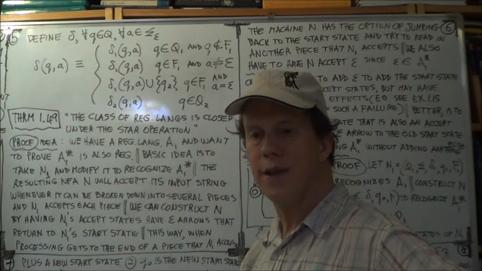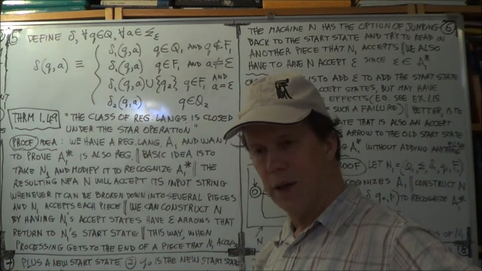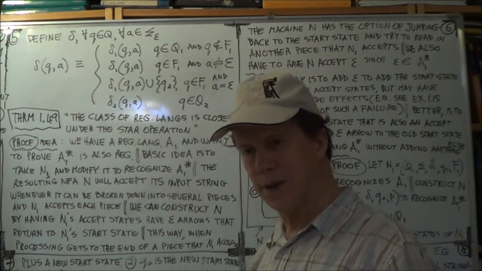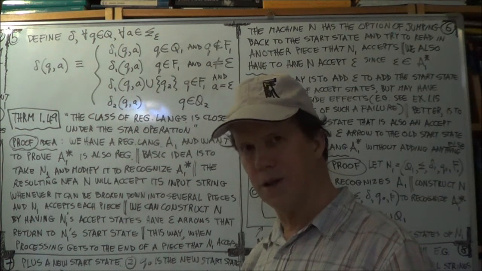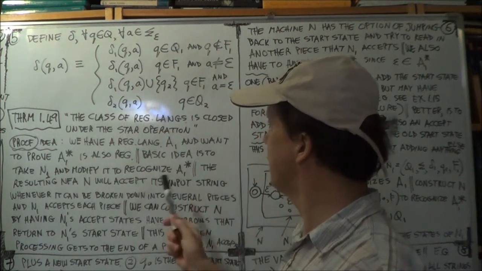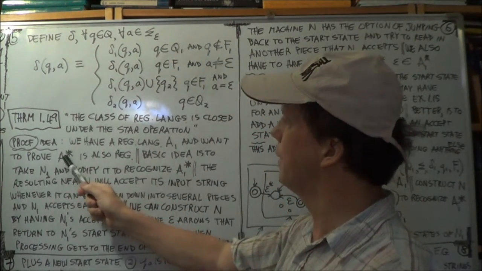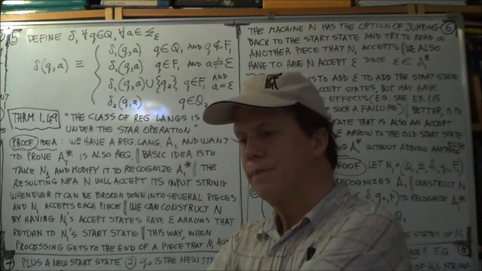So star is a unary operator, the star operator. I've not heard anything to the contrary, so I'm assuming that the set A1 star is in fact an infinite set, countably infinite, but infinite.